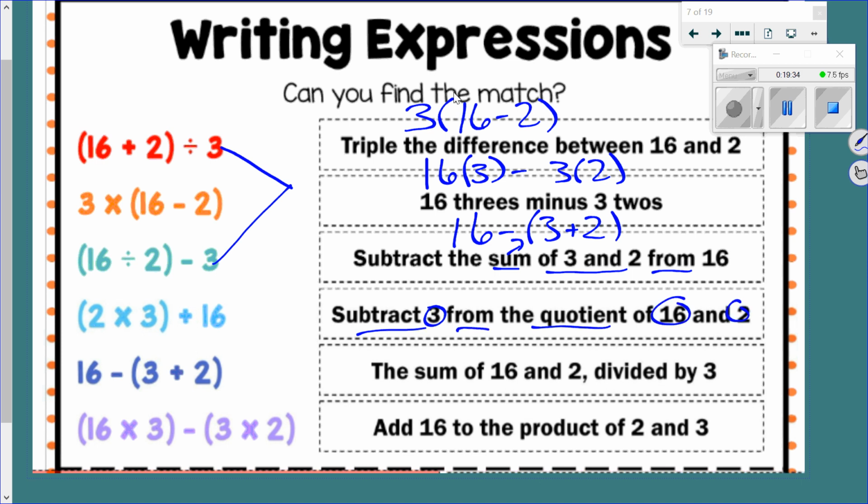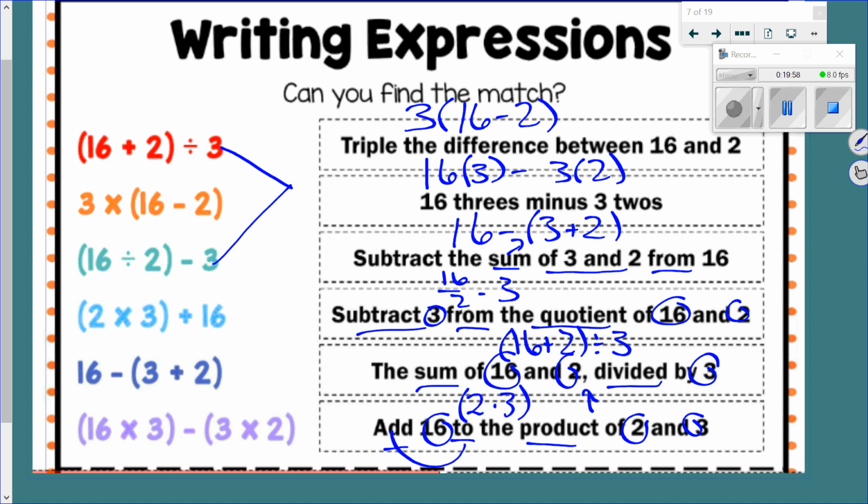Again, subtract from means the quotient of 16 and 2 comes first. Subtract 3. The sum of 16 and 2, comma, divided by 3, meaning 16 plus 2, in parentheses, divided by 3. And finally, add 16 to the product of 2 and 3. Add to, that's another flipping phrase. 2 times 3 plus 16.